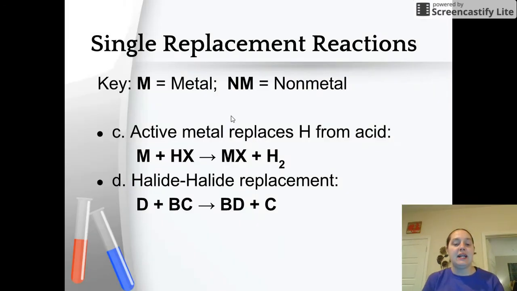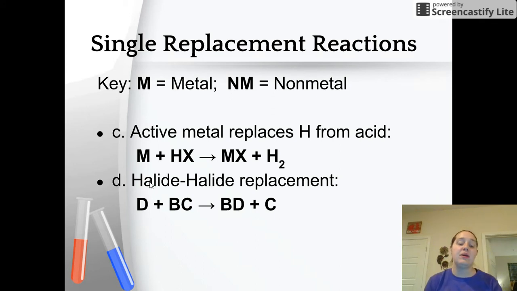All right. The next option you have is a metal reacting with an acid. HX is a generic way of representing an acid, to form a metal compound with whatever else was in the acid other than the hydrogen, and H2. And then last is what's called a halide-halide. Remember, halide is a fancy way of saying halogen.